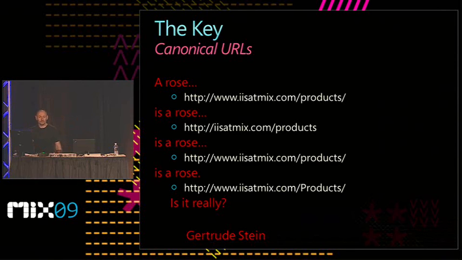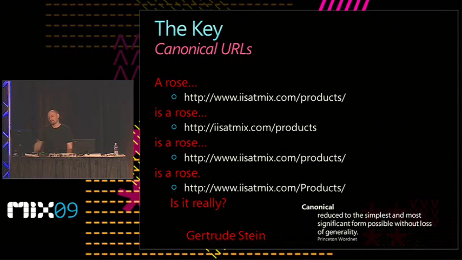Now, that's a big deal, and I just spit out this word canonical URLs, but I have this little description down here. It's basically a unique form of your URL, a unique way to get to a particular piece of content. And that's a big part of SEO. I mean, it's not all of it, and there are other sessions here at Mix, but a big part of it is to provide unique URLs to your customers and to the search engines.